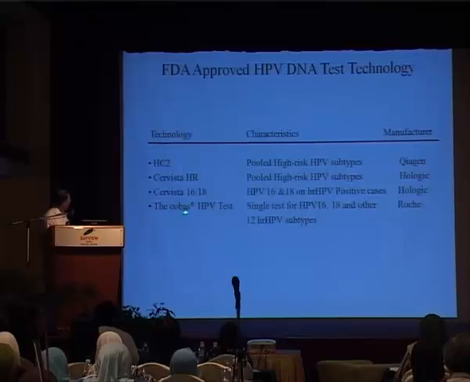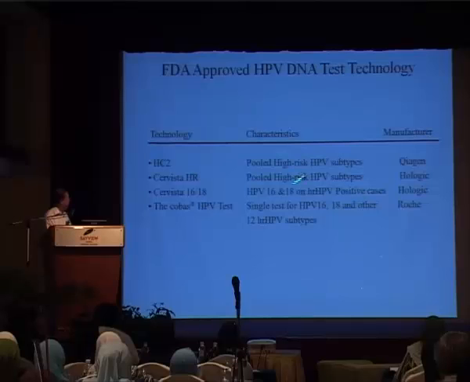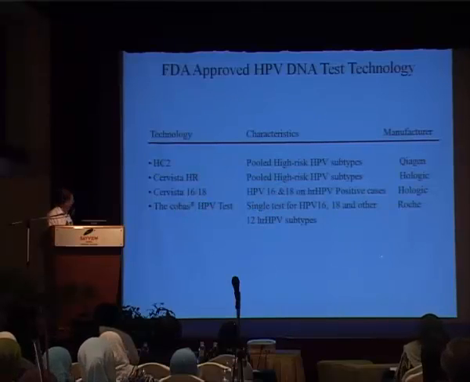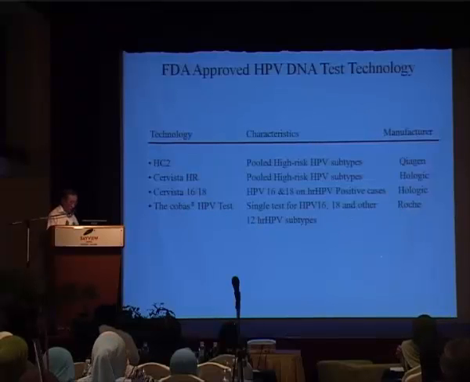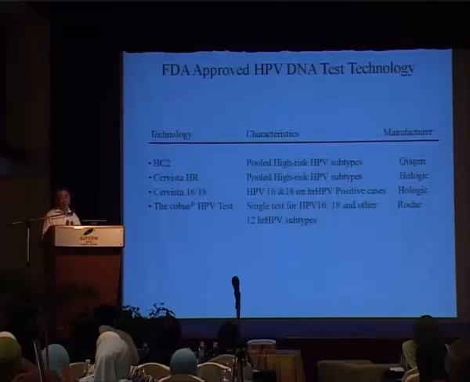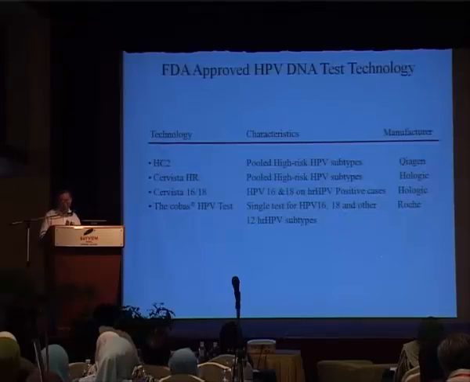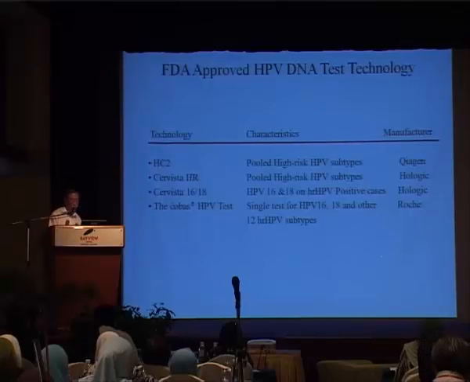The only one that has been approved as a single test for both HPV 16 and 18, as well as 12 other high-risk subtypes together in one single test, will be the one called the Cobas 4800 series, provided by Roche. So as we have seen earlier, not all high-risk HPV subtypes are similar, and particularly 16 and 18 will be the most important subtypes in terms of the malignant transformation potential.